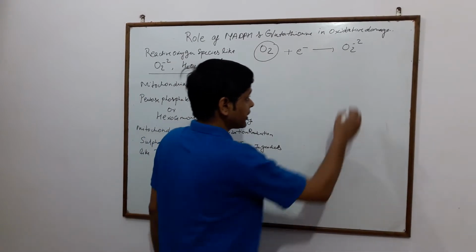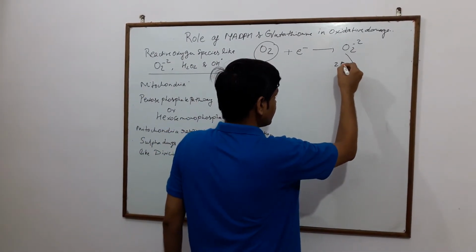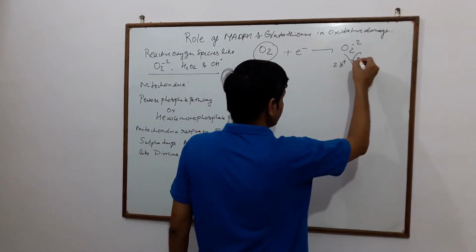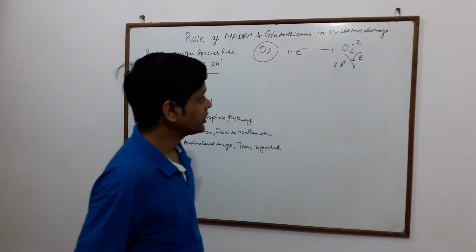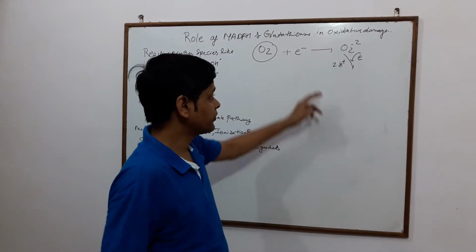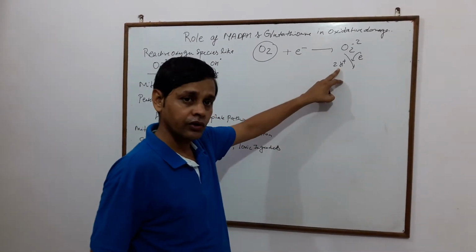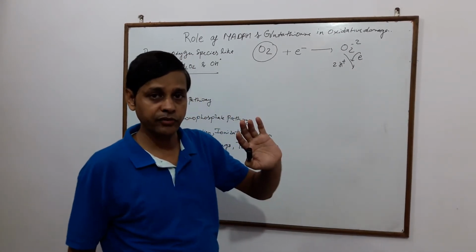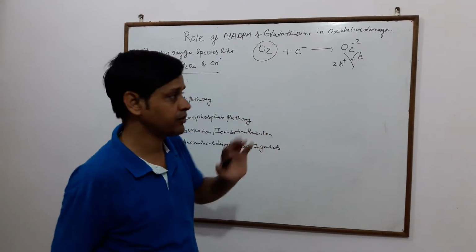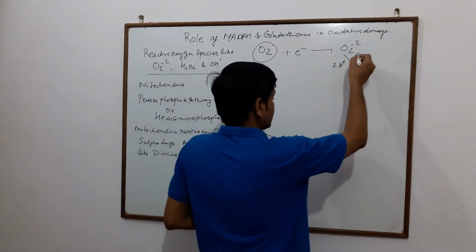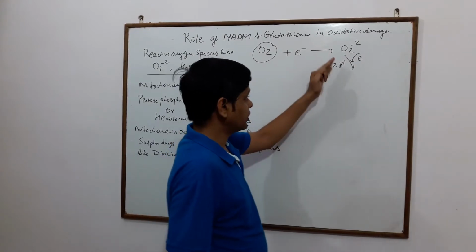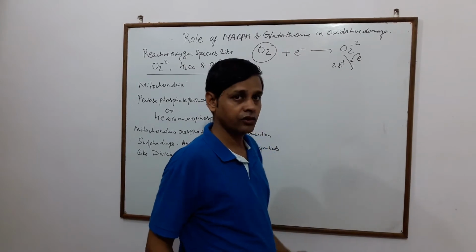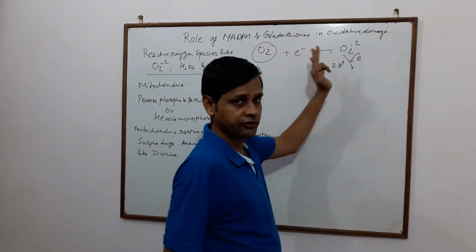They further react with 2 moles of protons and electrons, which come when the proton gradient is established across the mitochondrial membrane, and electrons are transferred from one protein complex to another complex.